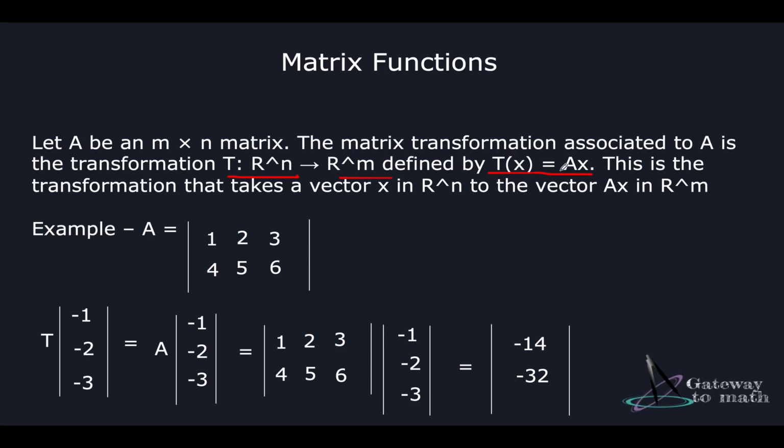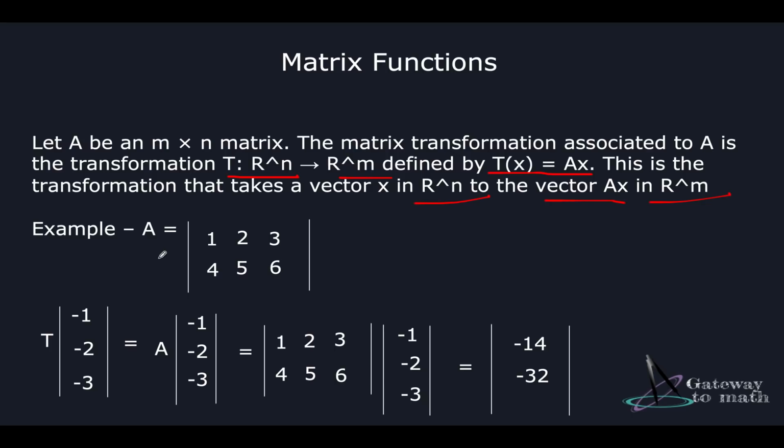I don't think I need to explain why we are equating the value of this transformation function to Ax, because we've already discussed that we represent the matrix in the form of A of x, where A is your matrix and x are the requisite variables. So this is the transformation that takes a vector x in Rn to the vector Ax in Rm. This is how the transformation is happening.